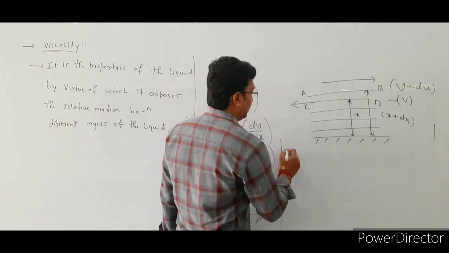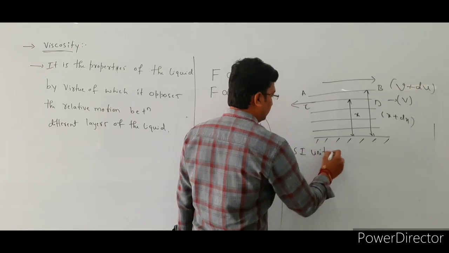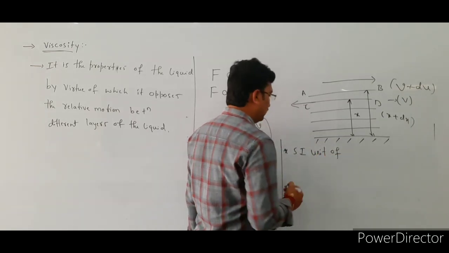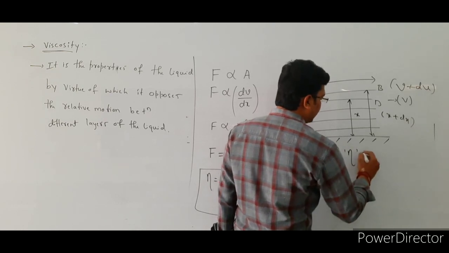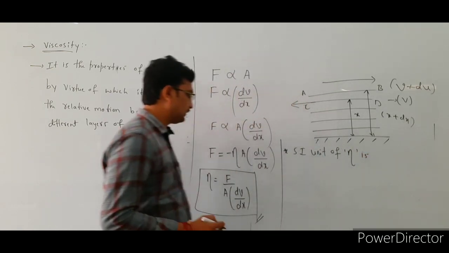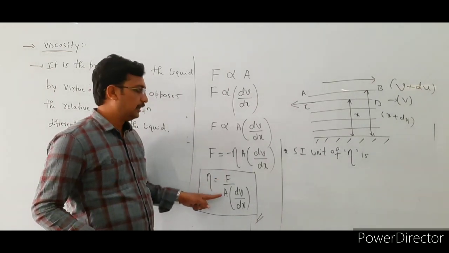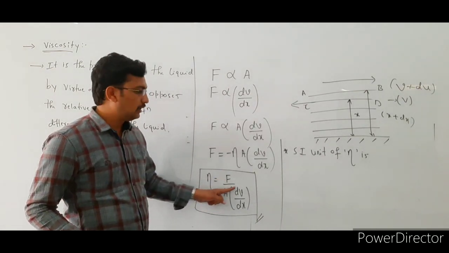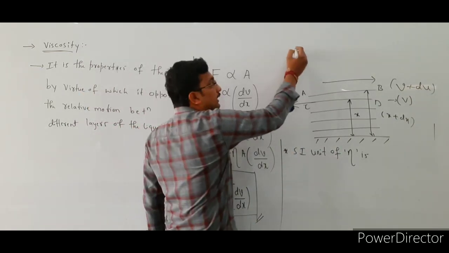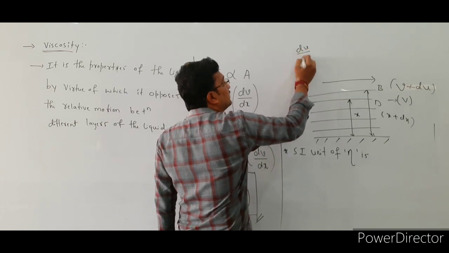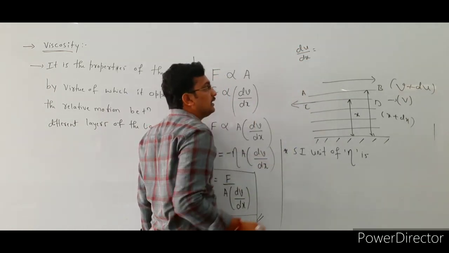See here, the SI unit of the coefficient of viscosity, eta. Already we know that the SI unit of force is Newton, and the SI unit of area is meter square. Then what is the SI unit of dV by dx? dV indicates the change in velocity with respect to the change in distance.